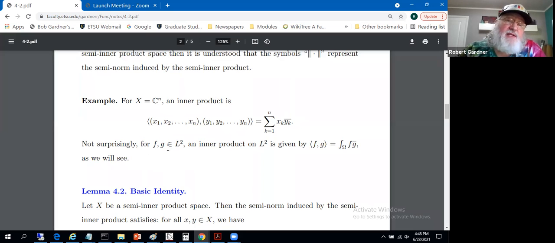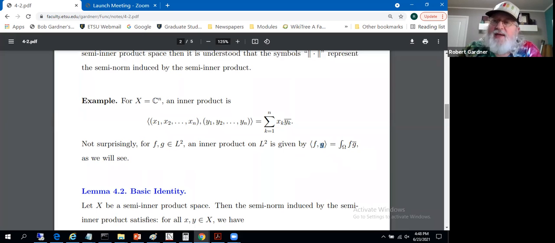Not surprisingly, if we take two functions, f and g, from L2, an inner product on L2 is given by integrating over whatever set f g conjugate. Again, the second position implies some conjugation to get that conjugate linearity. So were we to deal with function spaces, and we will, because a lot of good stuff happens in function spaces, then there'd have to be some conjugation introduced there as well.